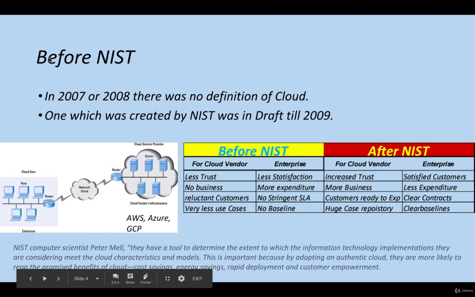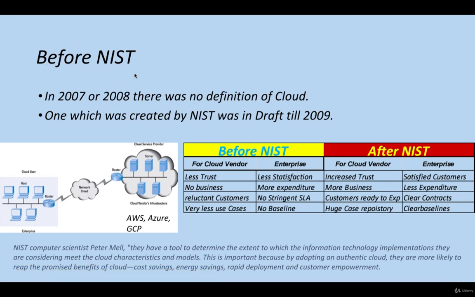By default, if you're not aware of NIST, if you're not from a security background, NIST is the National Institute of Standards and Technology, a body which works worldwide on the standardization of things, right? So they prepared a standard for cloud computing as well. So just go onto the internet and study what NIST is. They have developed various standards related to various technologies, related to application security and all those things.